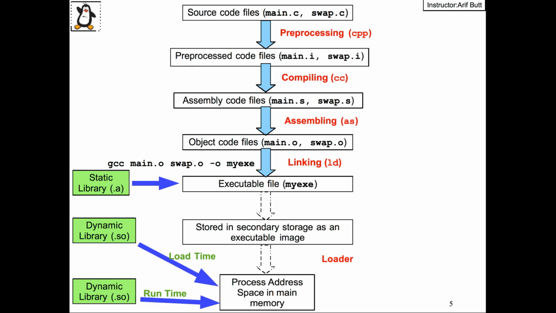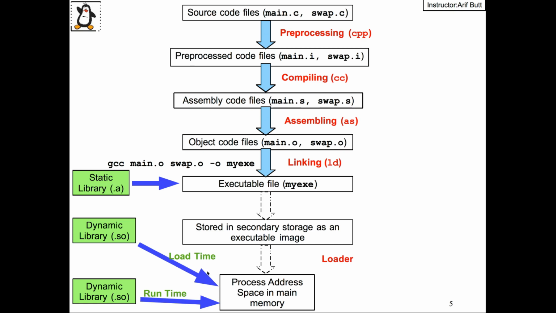Let me take this opportunity to tell you that dynamic linking can be done at two times, as shown over here: the load time and the runtime. In case of load time dynamic linking, which is the default case for Linux, if the library code is not already loaded by another process, the loader loads the code in the process address space.